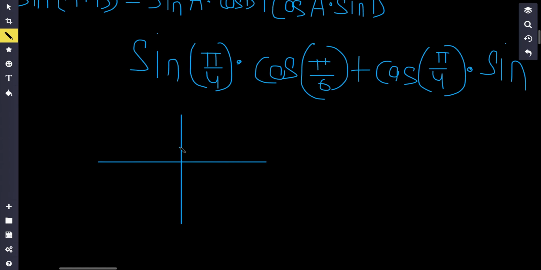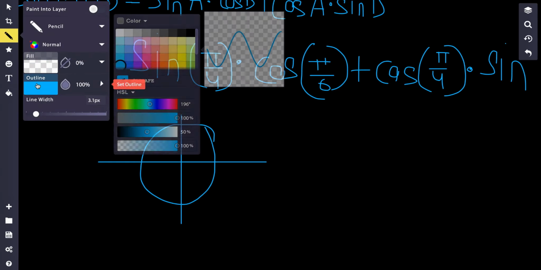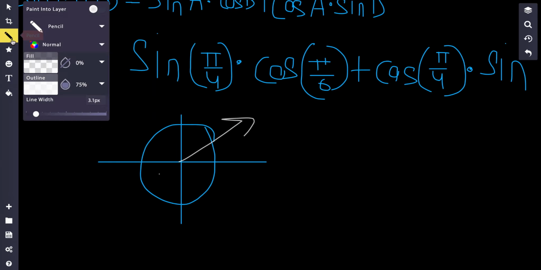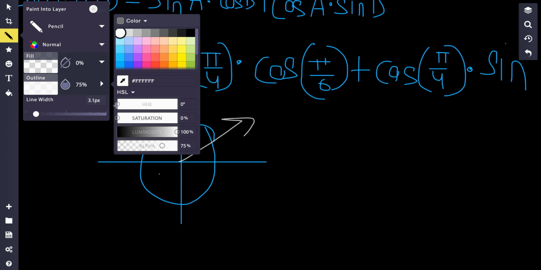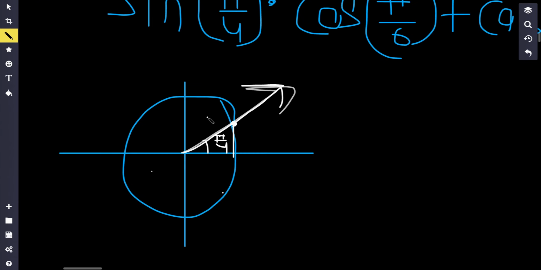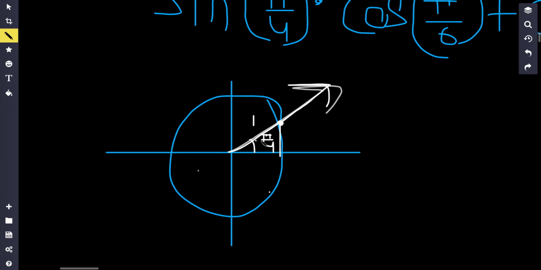When we create a pi over 4 angle on the unit circle, remember pi over 4 is the same thing as a 45-degree angle. The hypotenuse is going to be 1, and this is just a 45-45-90 right triangle.